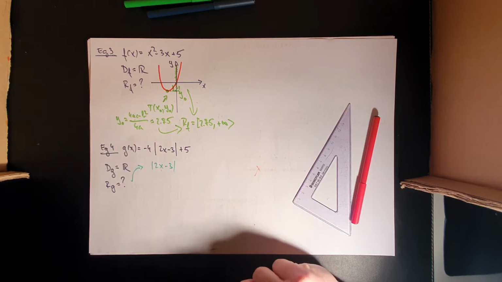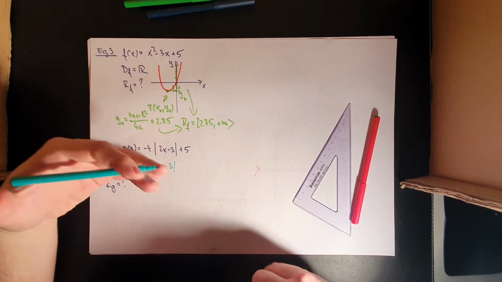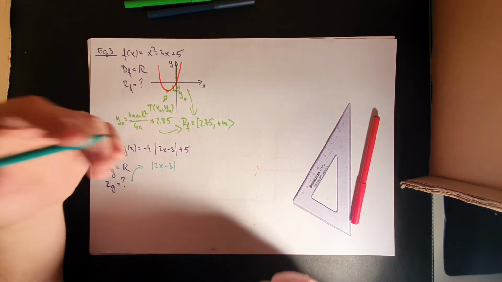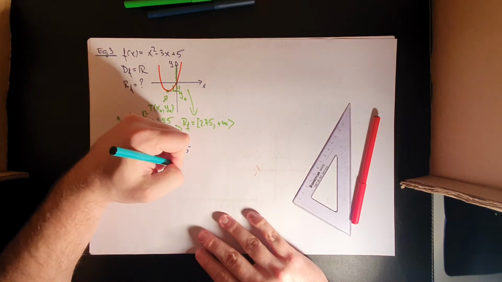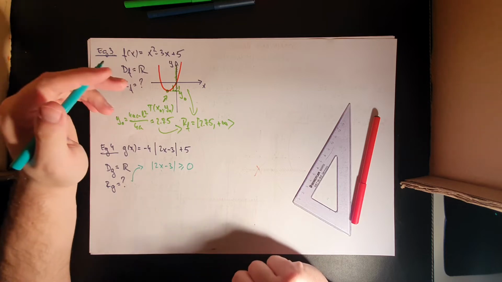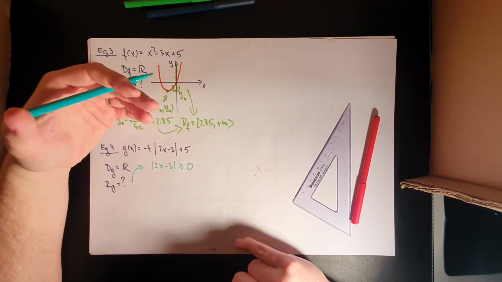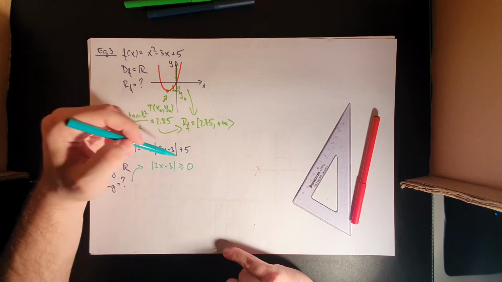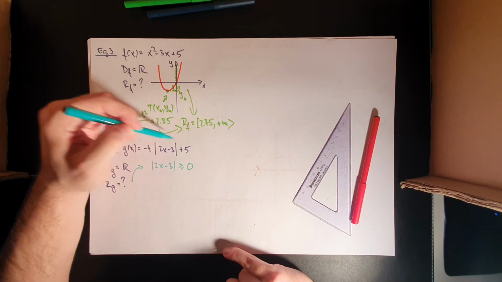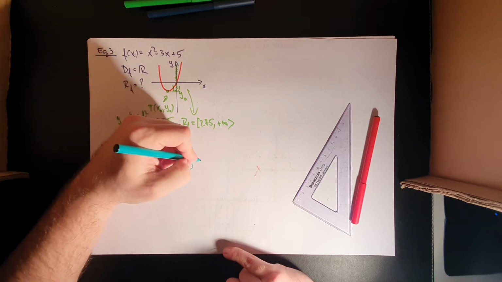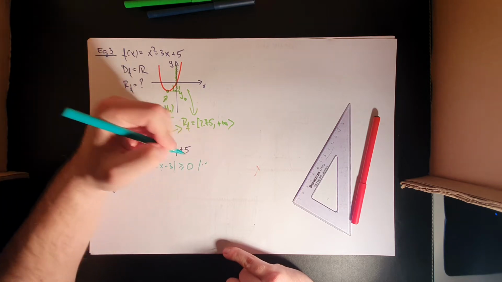We should know that the absolute value of a number, no matter what is inside, like 2x minus 3, is always greater than or equal to 0. So we start with that. Now we want to expand it, as we did in examples 1 and 2 in the past video, so that the whole left side looks like the formula itself. First of all, I'm going to multiply by minus 4.